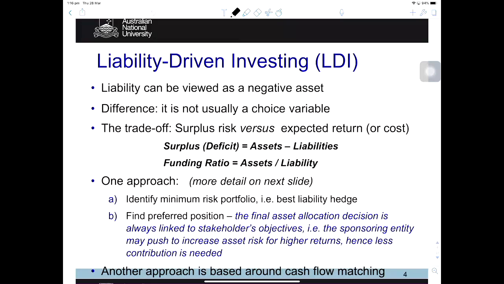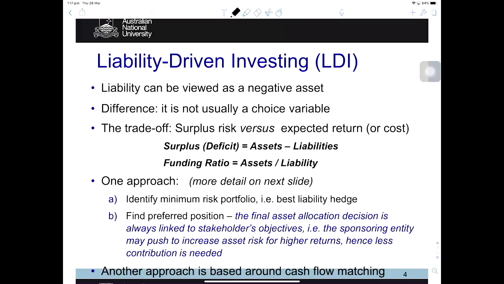To quantify this risk, we use a measure of surplus or deficit in DB funds. That's simply the difference between the value of its assets and the value of its liabilities. The value of assets can be projected based on the expected return of your portfolio.